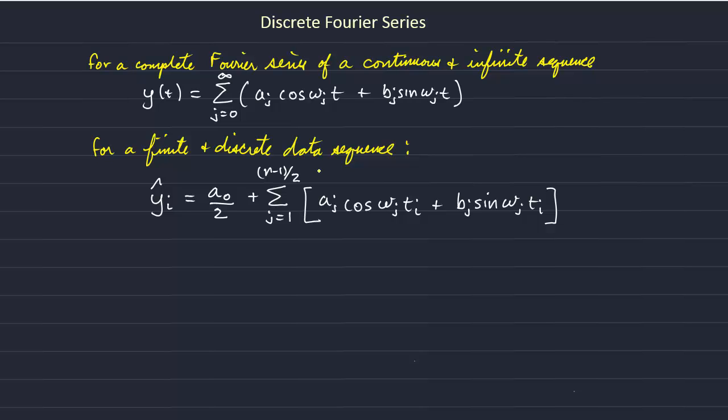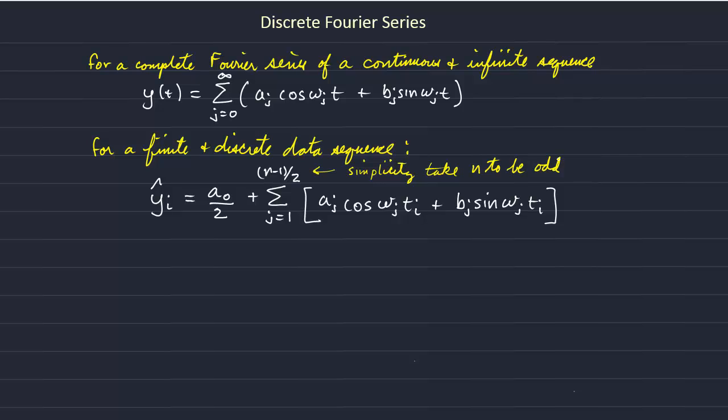Now the sum is up to n minus 1 over 2, and for simplicity, let's take n to be odd. So in this discussion, let's always have n as odd.